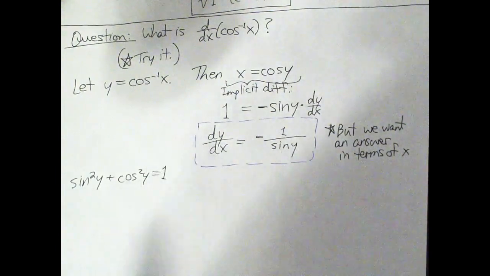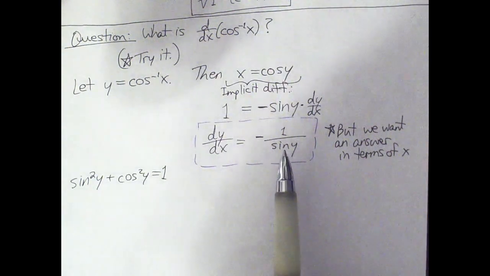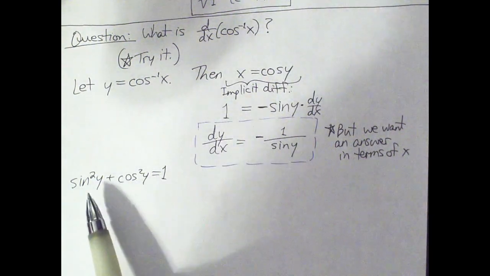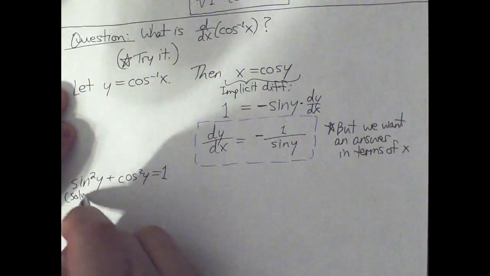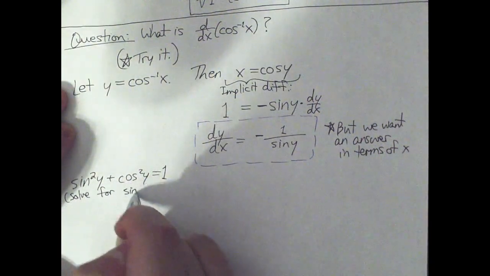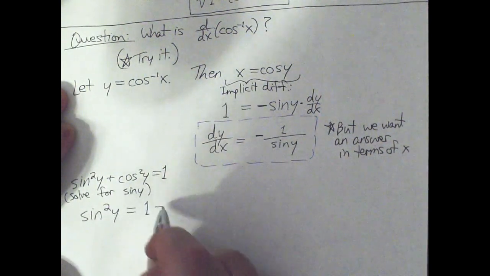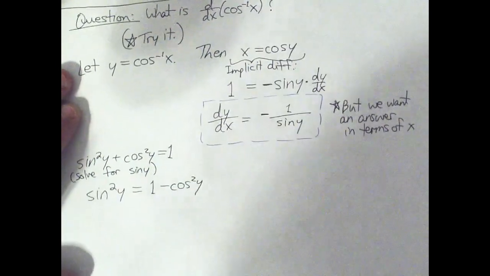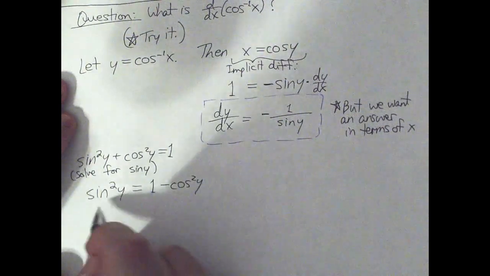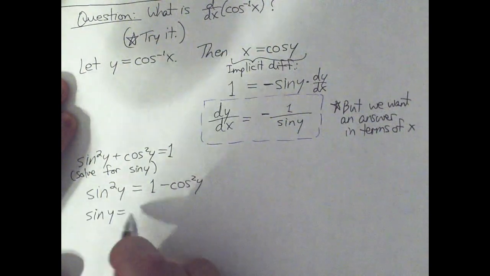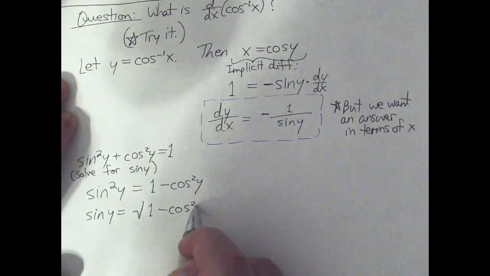So we took this trig identity and we solved for cosine. This time, the formula has sine. So I'm going to take this and solve for sine. Solve for sine of y. So sine squared of y is 1 minus cosine squared y. Sine of y is going to be the square root of 1 minus cosine squared y.